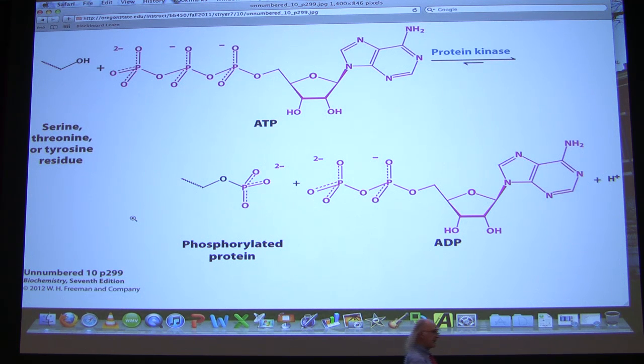And when we look at the enzymes that catalyze these, we see that they can be grouped into different categories. Some protein kinases strongly prefer or absolutely prefer to put them onto serine or threonine. Protein kinase A is one of those enzymes. It strongly prefers to put a phosphate onto either serine or threonine side chains.